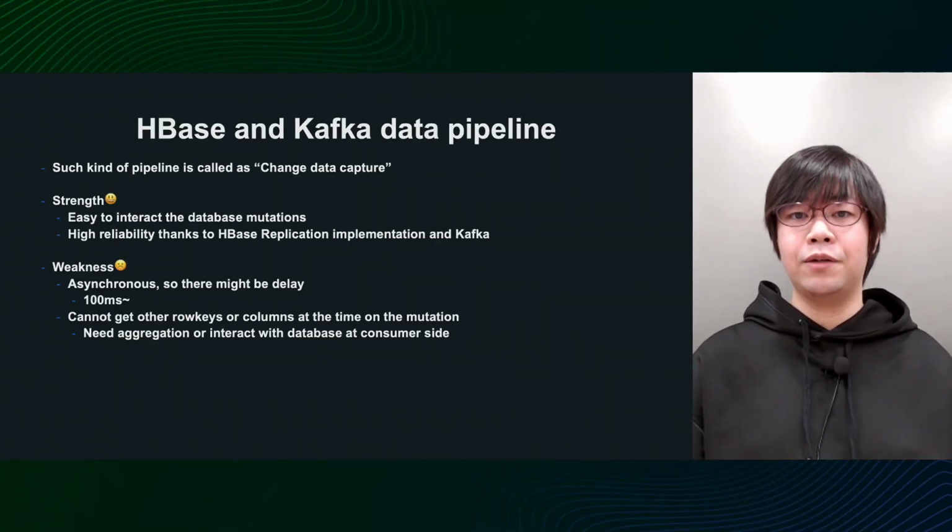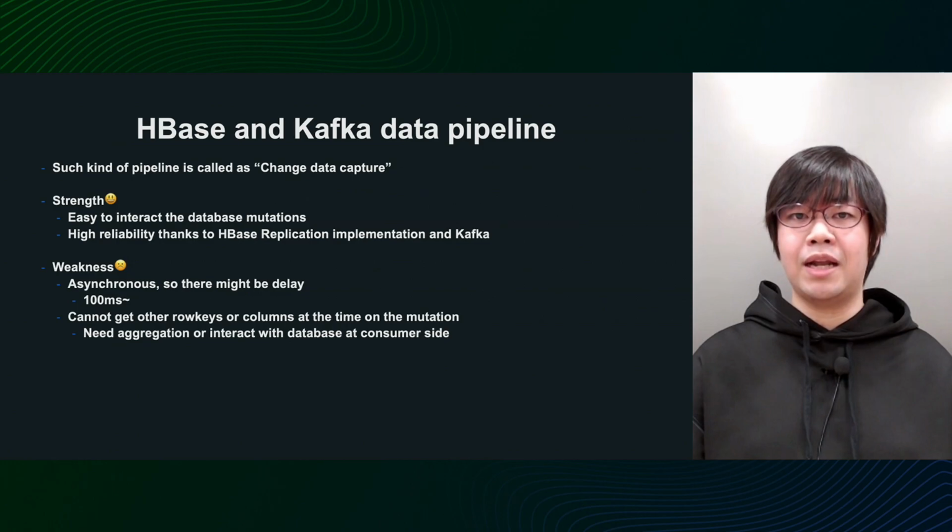Our HBase and Kafka data pipeline is generally known as change data capture. The strength of the pipeline is that we are able to conduct processing based on database changes more easily. Also, HBase replication deployment through Kafka can be done with high reliability.